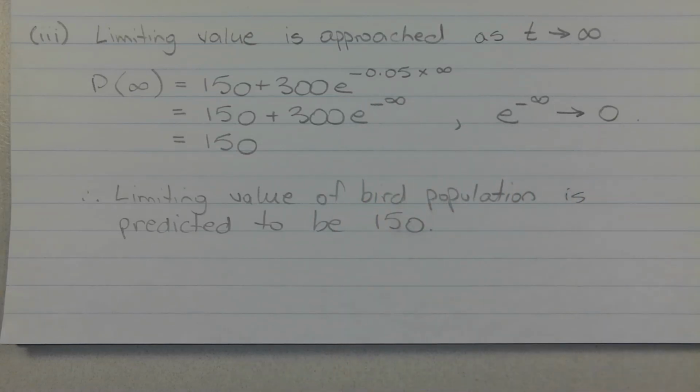And we can see that if we observe the graph of y equals e to the power of negative x. As x gets really large, e to the power of negative x approaches the x-axis. And that equals 150. Therefore, the limiting value of the bird population is predicted to be 150.